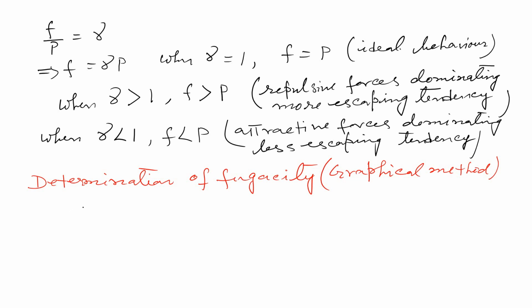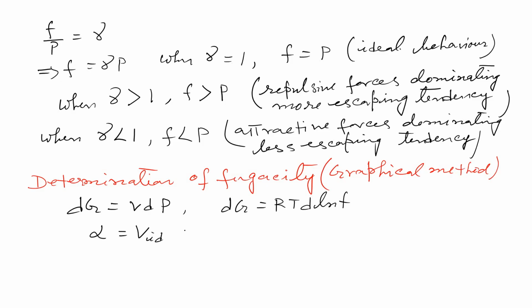We know that dG is equal to V dP. Right? Again we have seen dG is equal to RT d ln f. Now we introduce another term alpha. Alpha is V ideal minus V real.